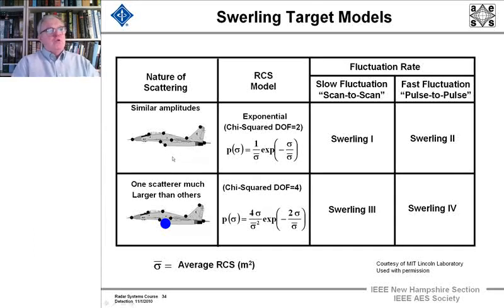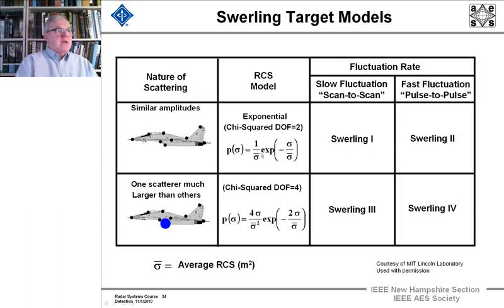But I want to use it to metaphorically show you the mathematics of the different models, the Swerling 1, 2, 3, and 4, and their algebraic form. And first we're going to look at how the radar cross-section fluctuates for Swerling 1 and 2 targets and Swerling 3 and 4 targets.